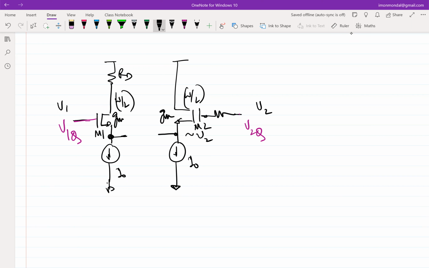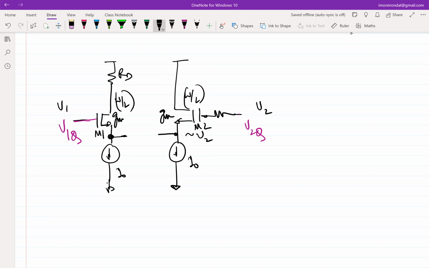Will the quiescent source voltages of M1 and M2 be the same or different? You seem confused. V1Q and V2Q are the same, yeah, because the negative feedback loop will ensure they are the same.